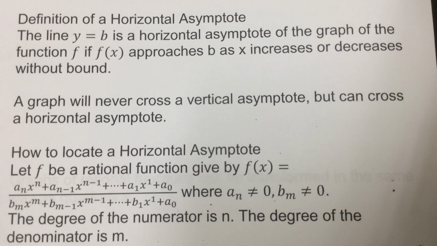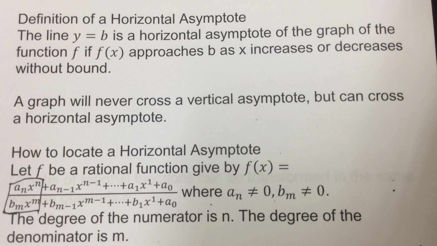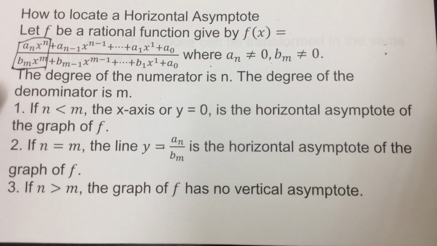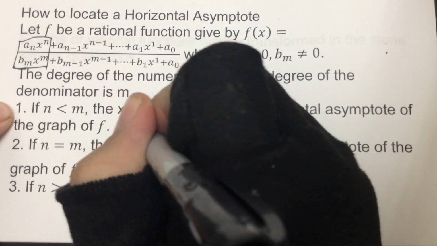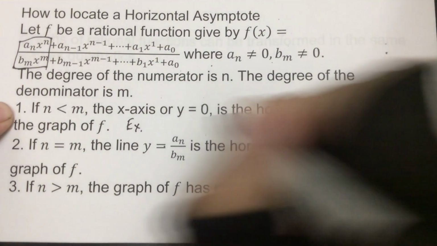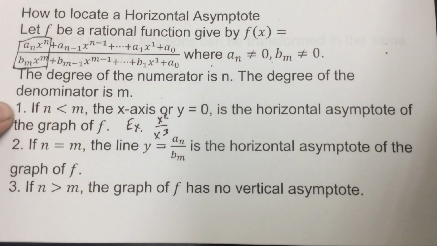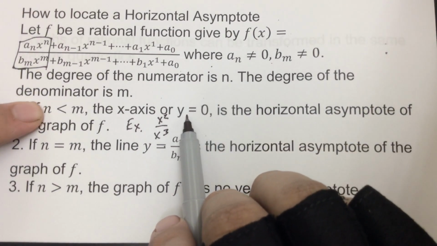So this is kind of a lot going on with vertical asymptotes, but this is essentially what it comes down to. So what we're going to do is we're going to look at the biggest term on either side, so that leading term on the top and the bottom. Now, if the top is smaller, so like for example, if the top is say x squared and the bottom is x to the third, your horizontal asymptote will automatically be y equals 0.